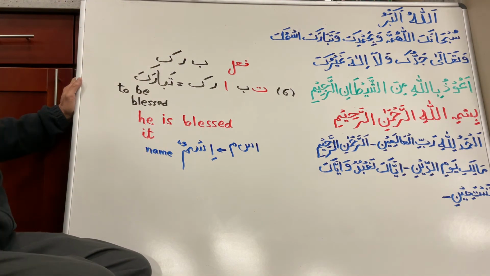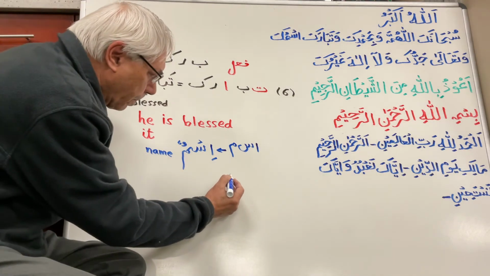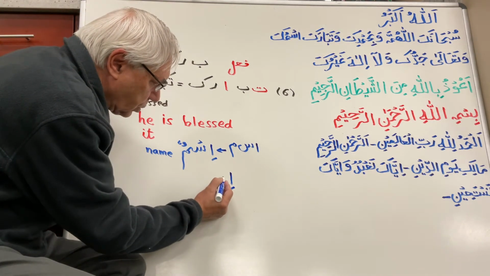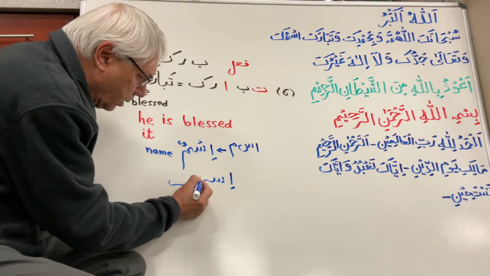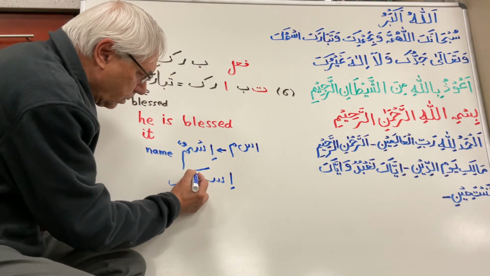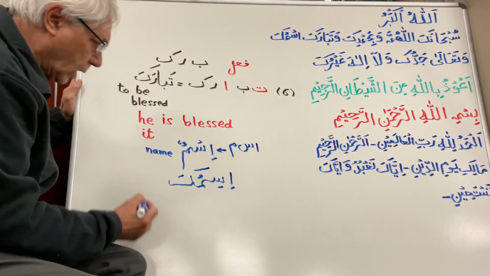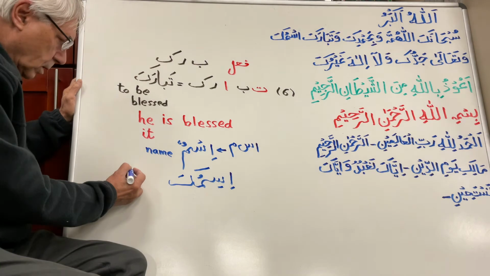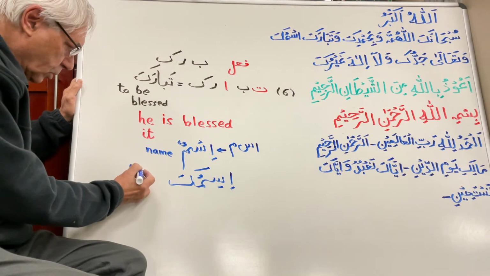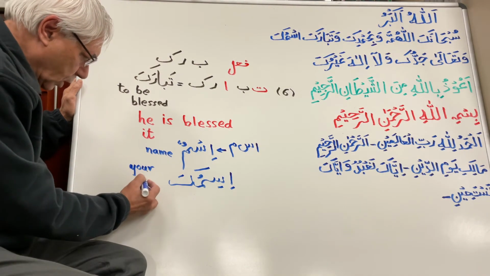Combine by the rule of Izafa by adding a kaf at the end. Okay? So this will become Ismoka, right? Ismoka means your name, right? So this word became your name.